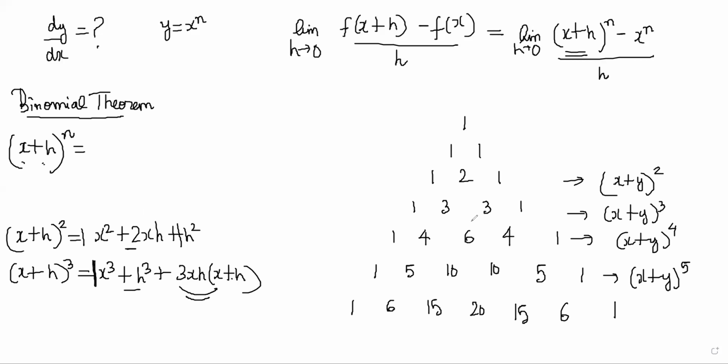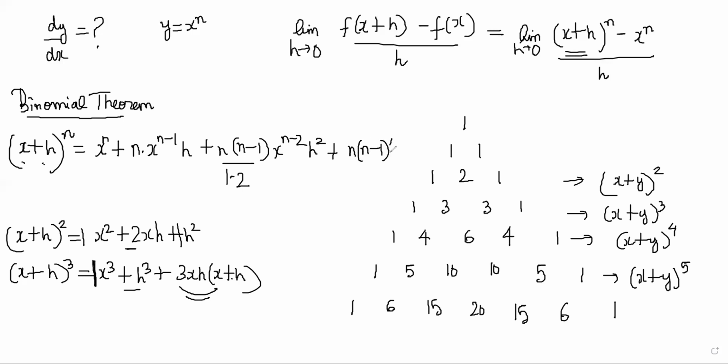Yes, sir. Later when we do permutations and combinations, we'll learn many more things. But for now, I will just give you the formula here. What is happening is this: x power n plus n times x power n minus 1 h plus n into n minus 1 by 1 into 2 x power n minus 2 h square plus n into n minus 1 into n minus 2 by 1 into 2 into 3 x power n minus 3 h cube and so on.